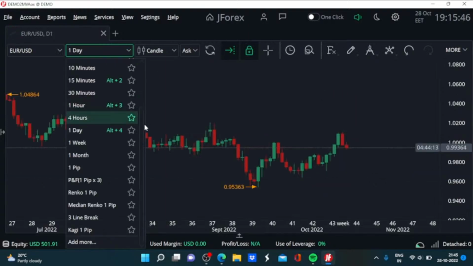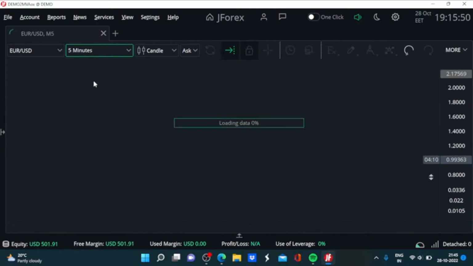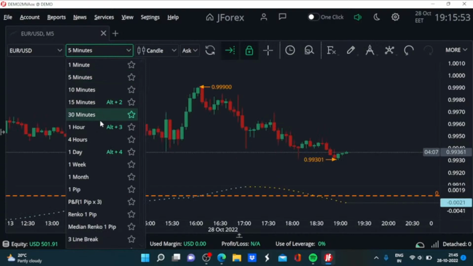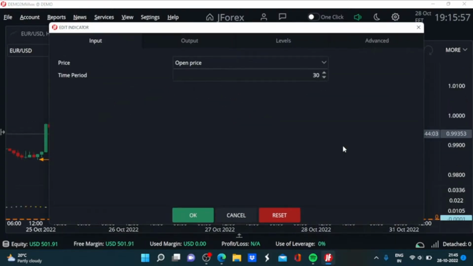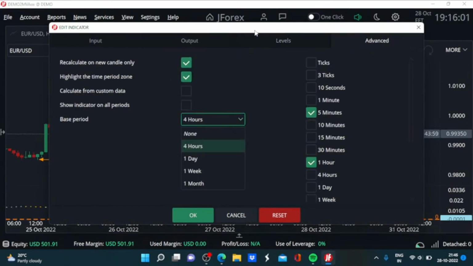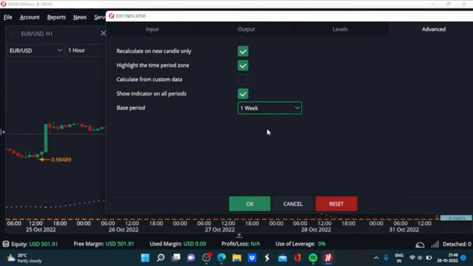But if I now change it to say 5 minutes, we will have TRIX back. Base period, let us see if any change is going to be observed when we vary the base period. For this indicator also, base period is not really a factor.